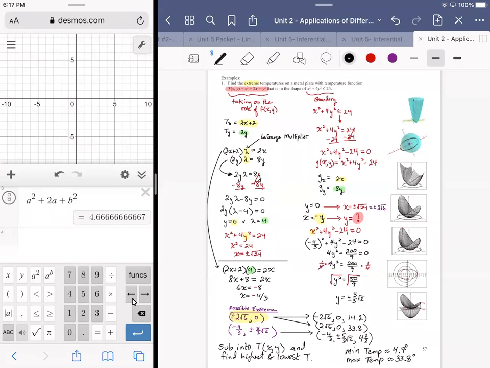I mean, if I had to take a stab at it, I'd probably be thinking Celsius. I wouldn't think Fahrenheit made too much sense. I'm thinking of extreme temperatures on a metal plate. 33.8 doesn't really sound very extreme in terms of temperature, unless you're talking about extreme on the low side, as in really cold. But 4.7 is really, really cold if you're going in Fahrenheit. But in Celsius scale, that's pretty up there, that 33.8.